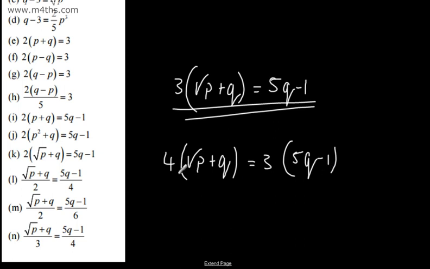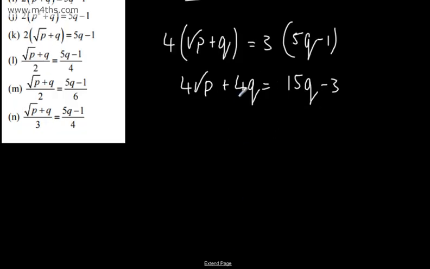At this stage, I am going to expand out, and I'm going to write 4 lots of the root of p plus 4 lots of q is equal to 15q minus 3. I'm going to subtract from both sides of the equation 4 lots of q. So we get 4 root p is going to be 11q minus 3.